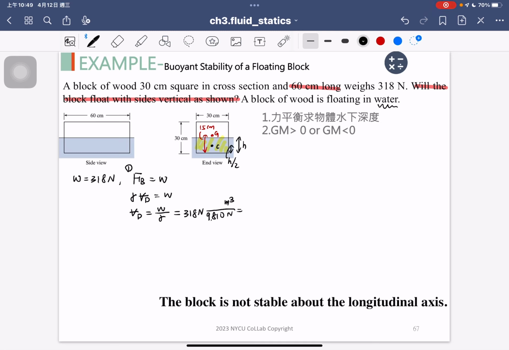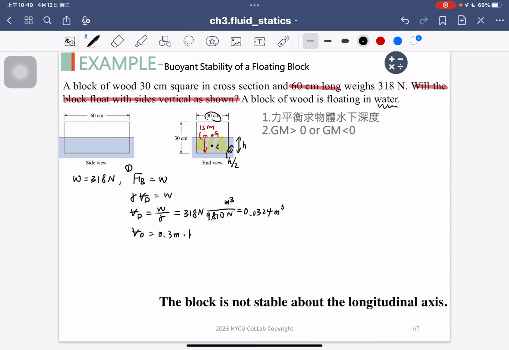So the volume is equal to 0.0324 cubic meters, okay? Because we didn't know the H, the displaced volume will equal the width, which is 0.3 meters, times the height, which we don't know.